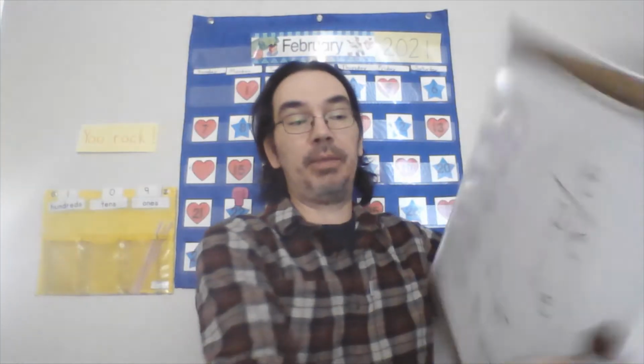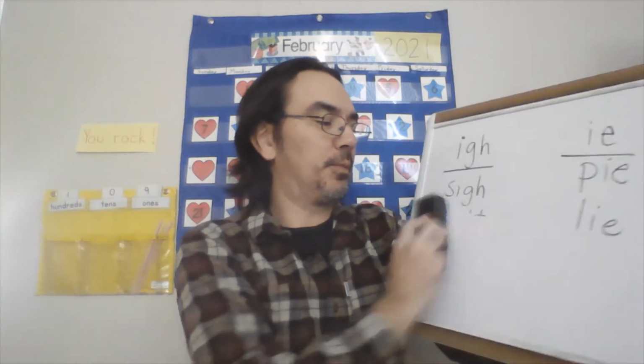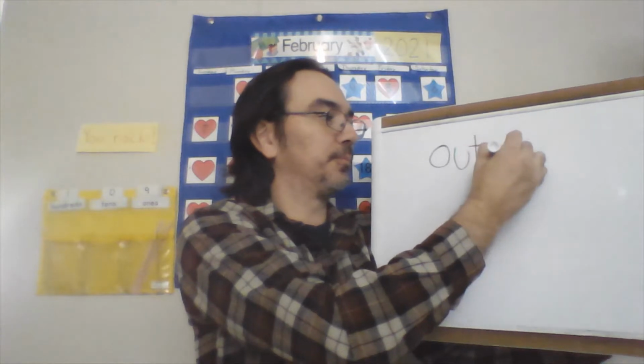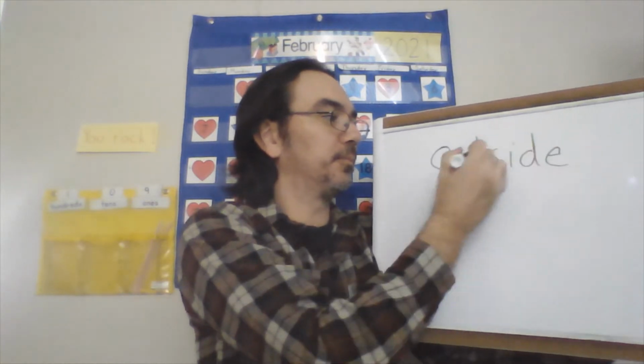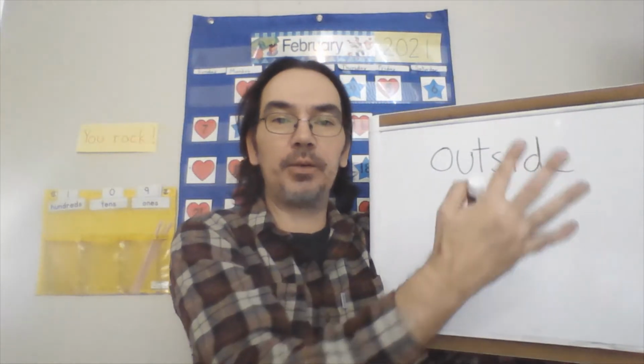So, I also want to talk about these words that are called compound words. What am I talking about with a compound word? Well, that is two words put together that make up another word. A word like this. This is outside.